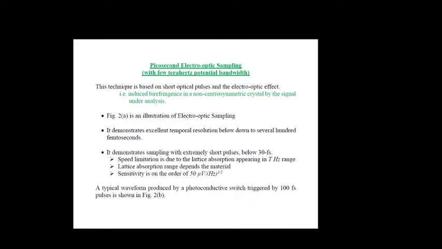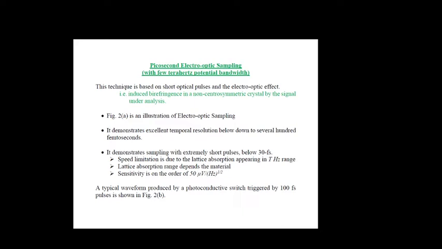This technique is based on short optical pulses as well as the electro-optic effect, that is, birefringence induced in a non-centrosymmetric crystal by the signal under analysis. The signal acts on the non-centrosymmetric crystal.